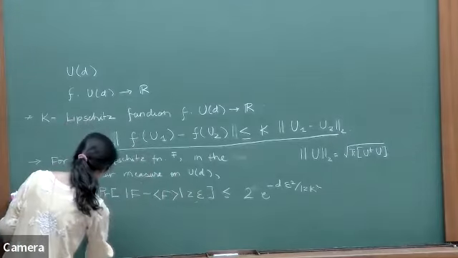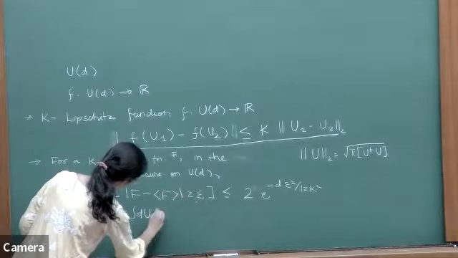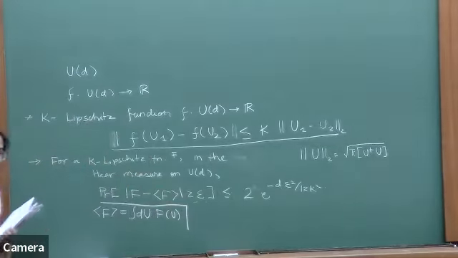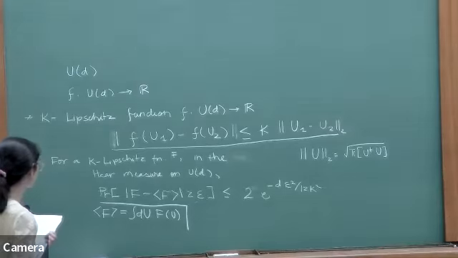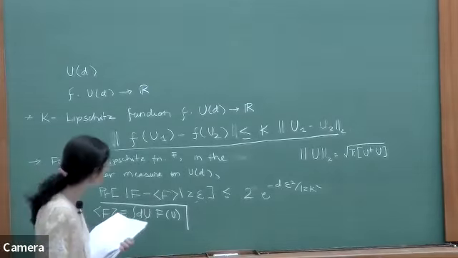And this average refers to the average over U of F of U. So the probability that F returns a value different from its average by greater than or equal to epsilon, is that what you're saying? Yeah, that is bounded by this.